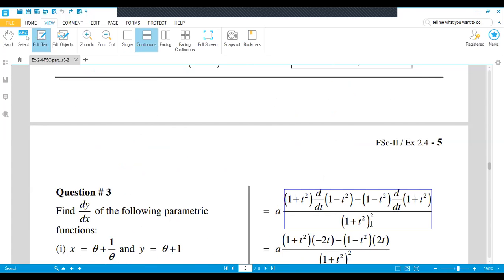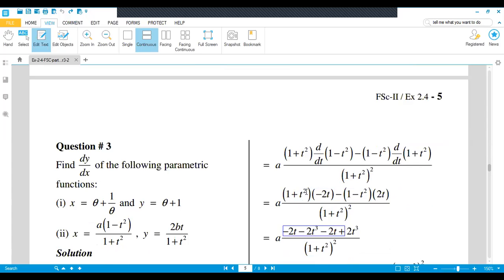When we apply the quotient rule: a as it is, denominator 1 plus t square whole square, then 1 plus t square times the derivative of the numerator 1 minus t square, minus the numerator 1 minus t square times the derivative of the denominator 1 plus t square. So 1 plus t square as it is, derivative of 1 is 0 and of t square is minus 2t. Minus 1 minus t square as it is, derivative of 1 is 0 and derivative of t square is 2t.